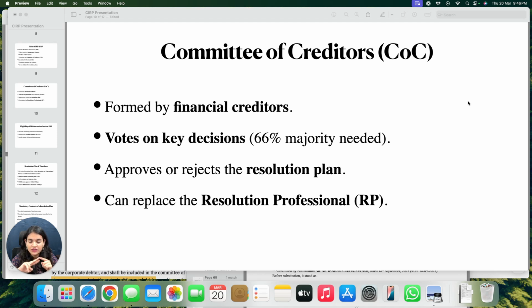Two registered valuers for each class of assets. Two valuers for plant and machinery, two for land and building, and two for securities and financial assets.